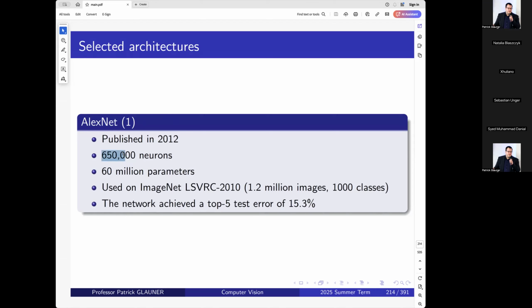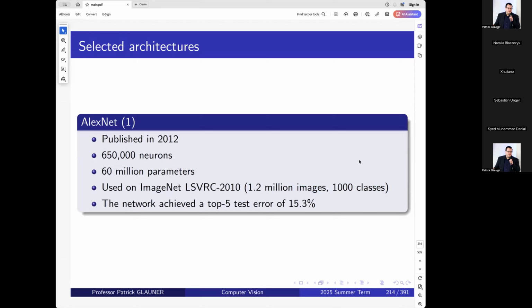At that time, it was a neural network with 650,000 neurons, small from today's perspective. 650,000 neurons, and that means 60 million parameters, some type of convolutional neural network, and it performed well on the ImageNet dataset. So the ImageNet dataset in that time, the 2010 version, was 1.2 million images from 1,000 classes, and your goal was to classify the image correctly.